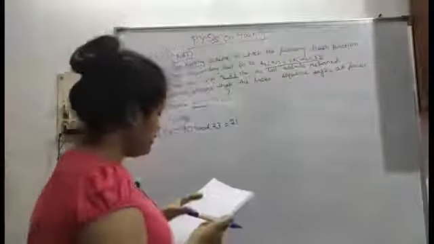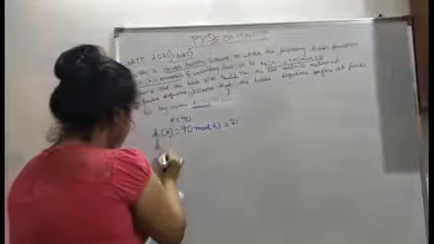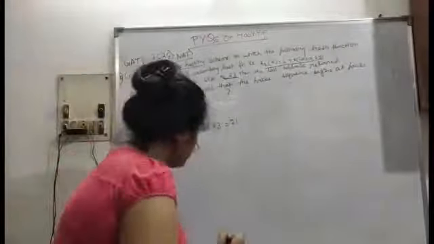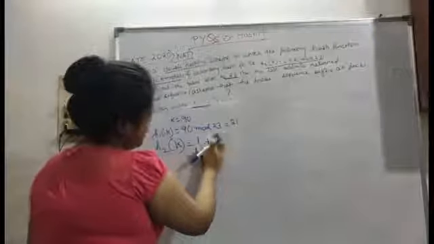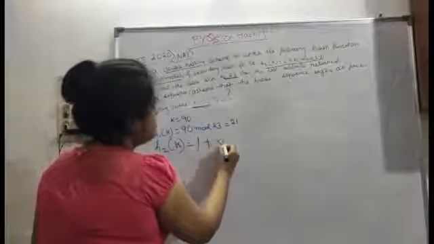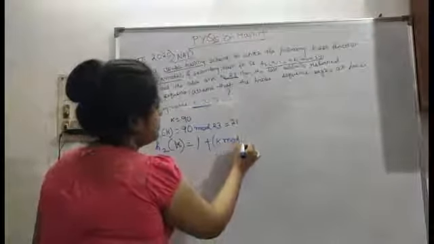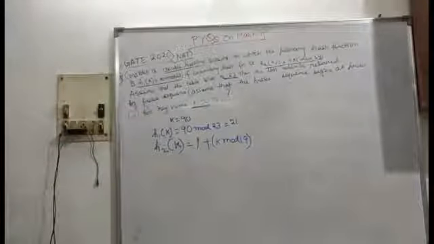This is 21. Okay, so now this h2(k) will be 1 plus k mod 19.